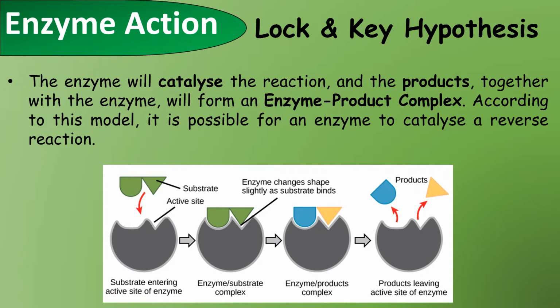The enzyme will catalyze the reaction and the products together with the enzyme will form an enzyme-product complex. According to this model, it is possible for an enzyme to catalyze a reverse reaction.